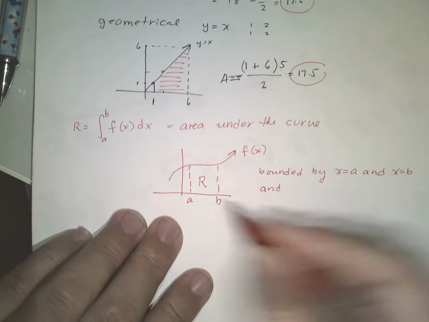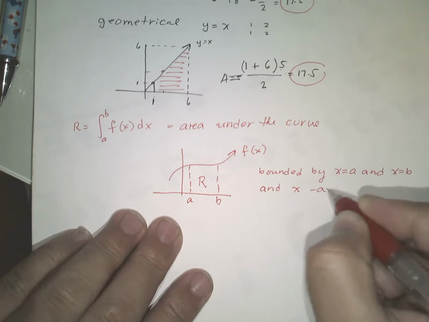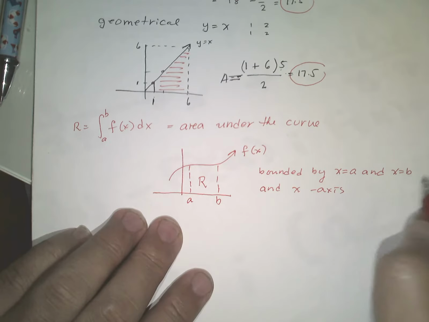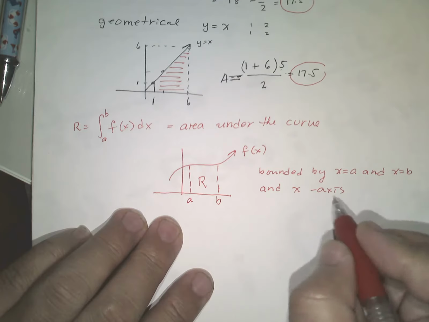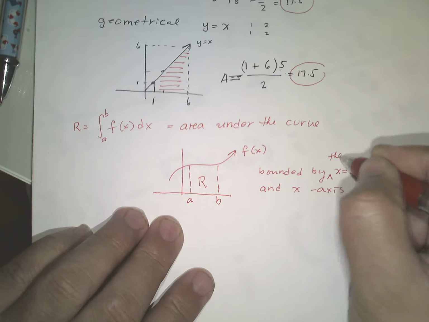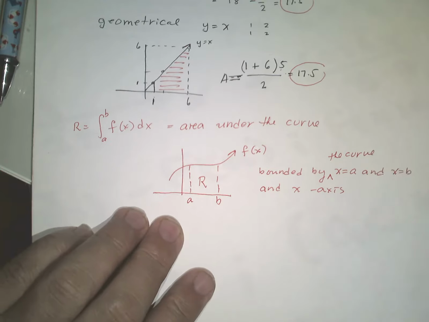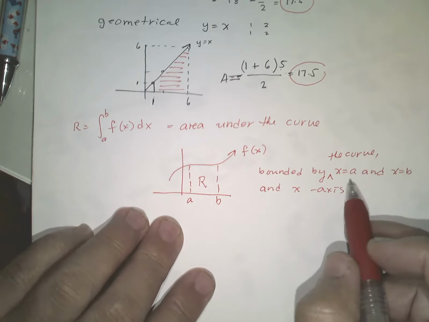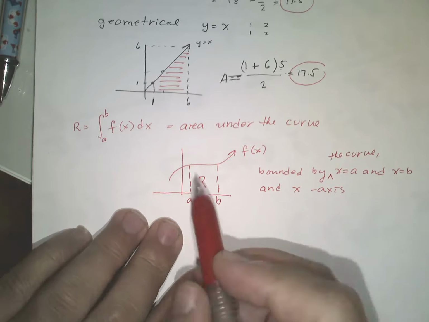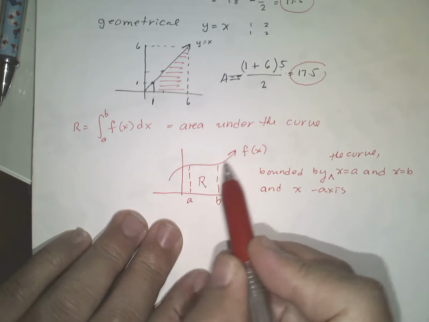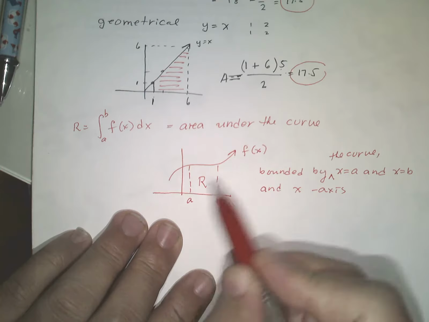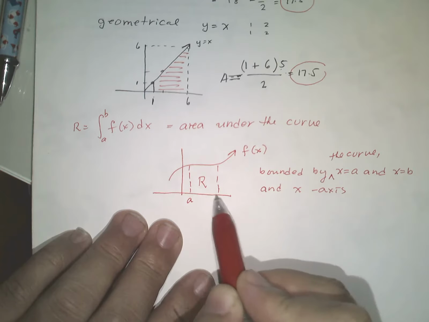and this one is the x-axis. Bounded by x equals a, x equals b, the x-axis, and bounded by the curve. So this is the curve, and the region is bounded by that, the x equals a, the x equals b, and this x-axis.